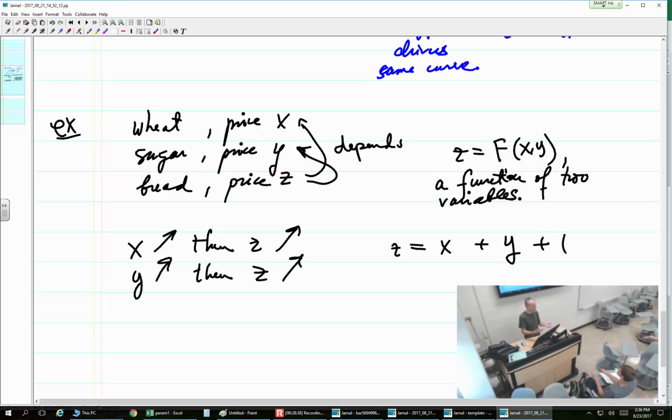Because there are other things that may be involved, and so certainly when the price of wheat and sugar is 0, it does not necessarily mean that the bread is free, there's labor, there's other materials. Okay, so I want to preserve these two requirements. But look at it, we want to make it look slightly different. So I'll just put 2 here. Suppose wheat is more important. Okay, so this is my function of x and y.